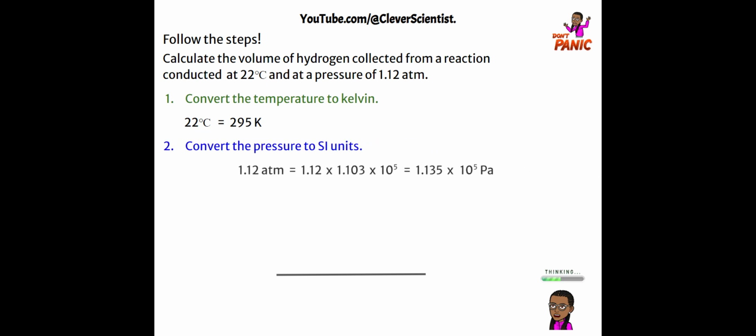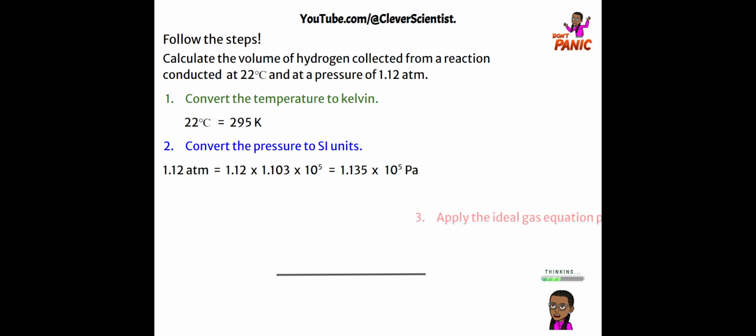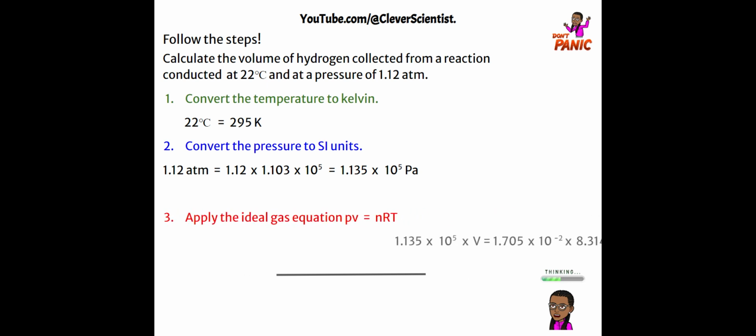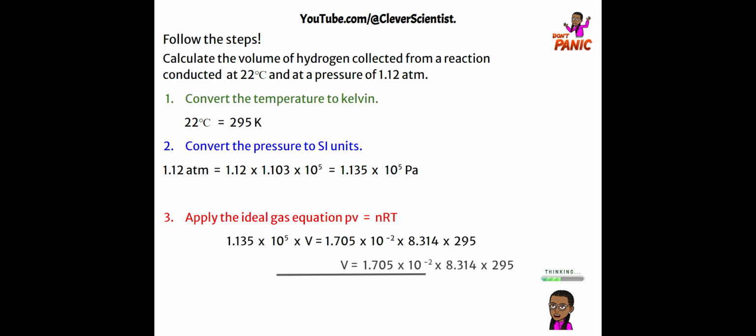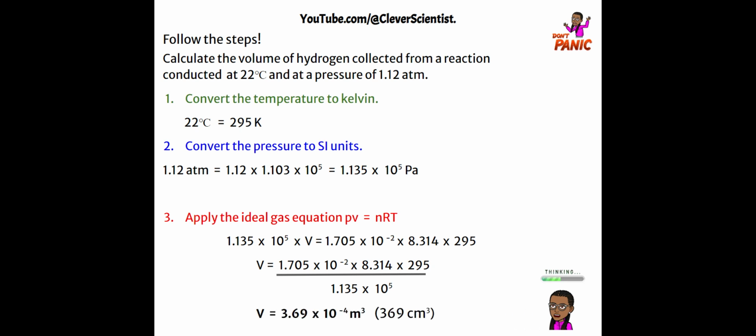Then we convert the pressure into standard units. So we need to multiply the value in atmospheres by 1.013 times 10 to the 5, and that gives us our answer in Pascal. And then lastly, we apply the ideal gas equation. So that means we just substitute our values into the equation. Then we need to rearrange the equation to make the volume the subject.